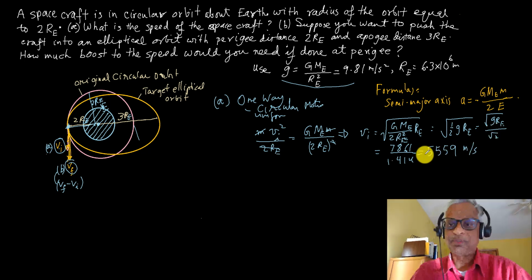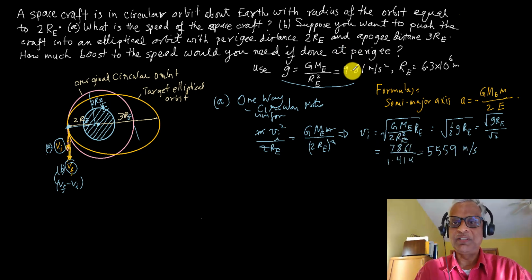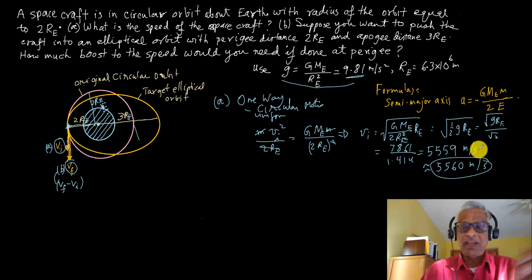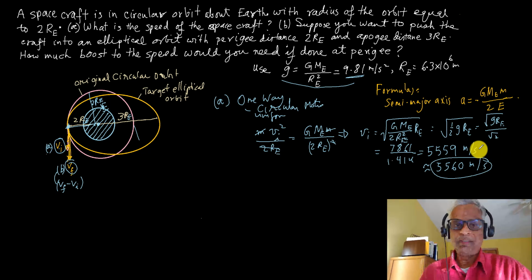Of course, all of these decimals are not important because we're already using only 3 decimal places, so I should probably make it 5,560 meters per second. All right, so A is very simple. Let me erase this and do B.